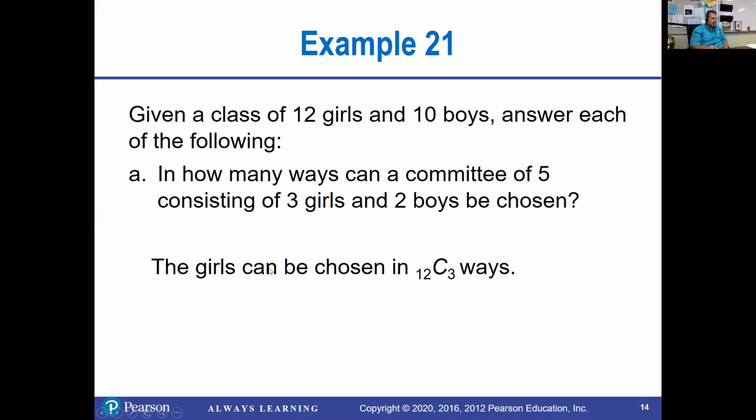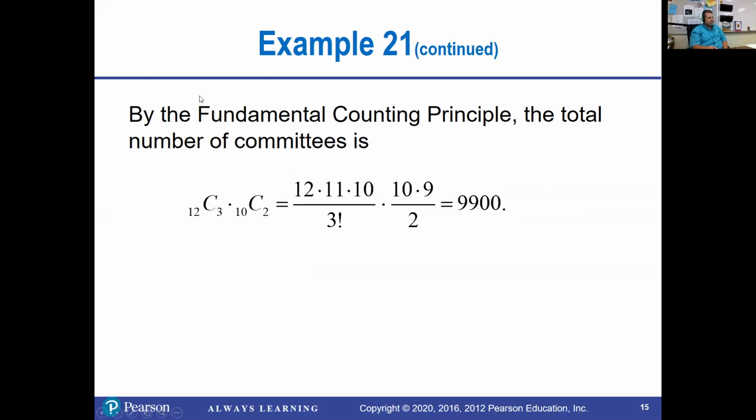So you first have to find how many girls can be chosen, which is 12 girls, choosing 3. Picking 3 girls out of the group of 12. You also have to find the boys, 10 boys, taking 2 at a time in a combination. And what you're going to use is the fundamental counting principle, which says take the combination of the girls, figure that number, take the combination of the boys, figure that number, and then multiply the 2.